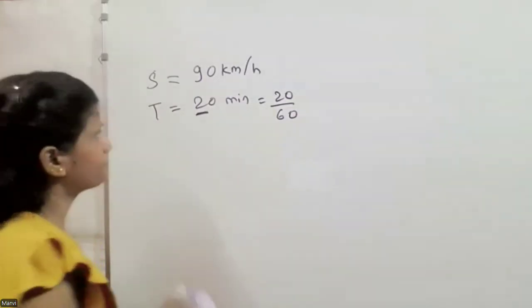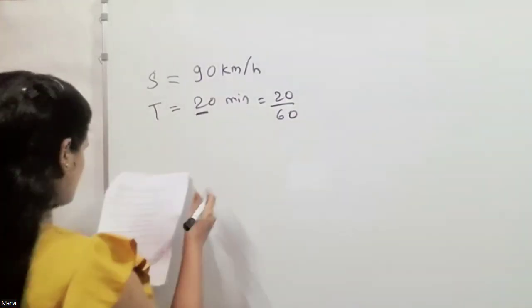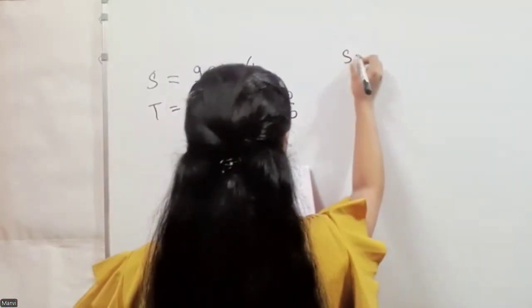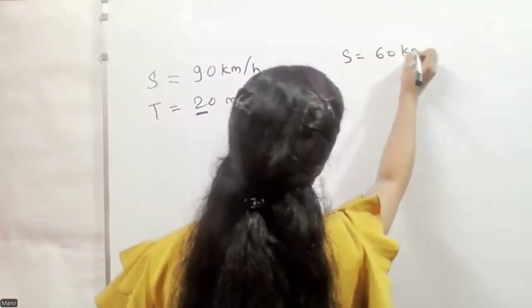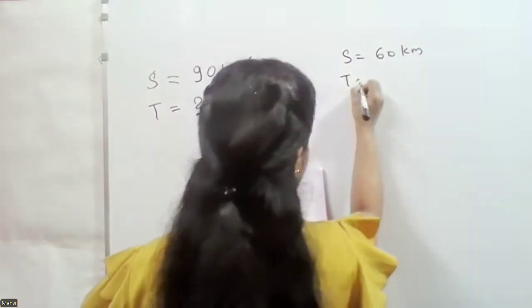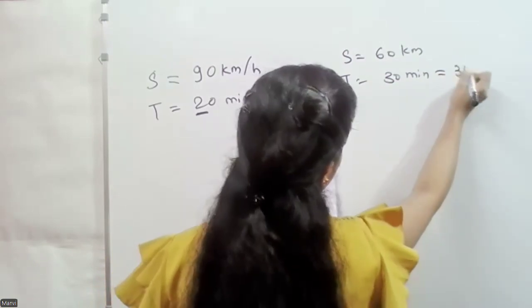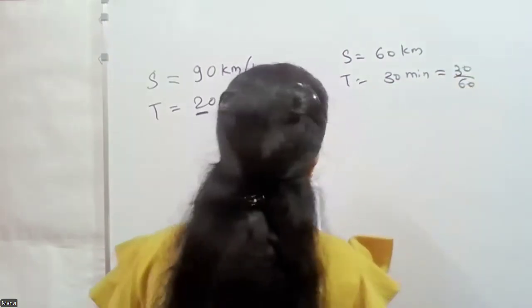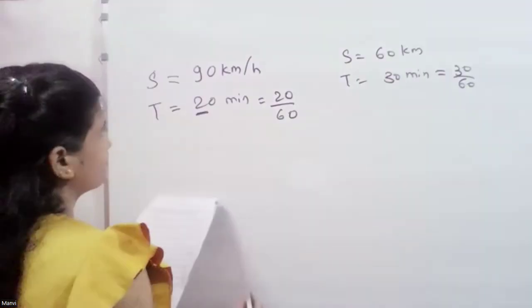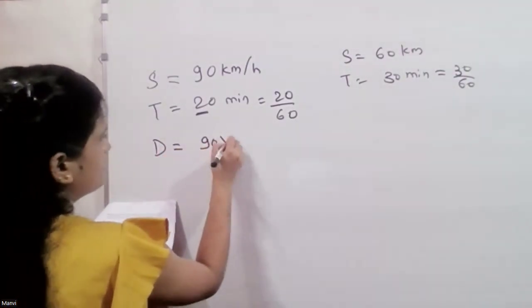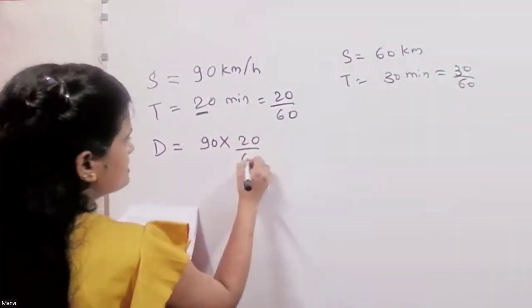Okay? For the second one also, the speed is 60 kilometers per hour and the time is 30 minutes. So this 30 will be 30 by 60. So for here, distance equals 90 multiplied by 20 by 60.